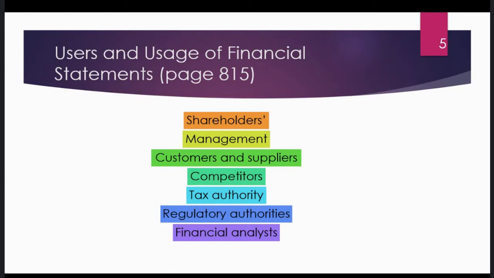So it is important for the tax authority to look at the financial statement. And then the regulatory authority. One of the primary objectives of the regulatory authority in using the financial statement is to ensure compliance and to ensure public confidence towards the institutions.